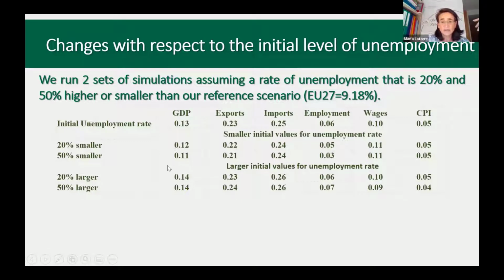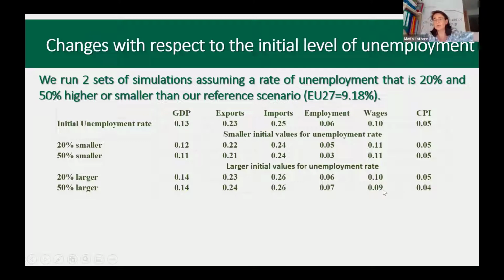Fortunately, if you look at the GDP, it's not very sensitive to this assumption. And the same applies to employment and wages. So if we get that forecast for the future level of unemployment wrong in our initial benchmark, it is not that serious. Of course, the idea is once more, if unemployment is larger, then the wage increases will be smaller.